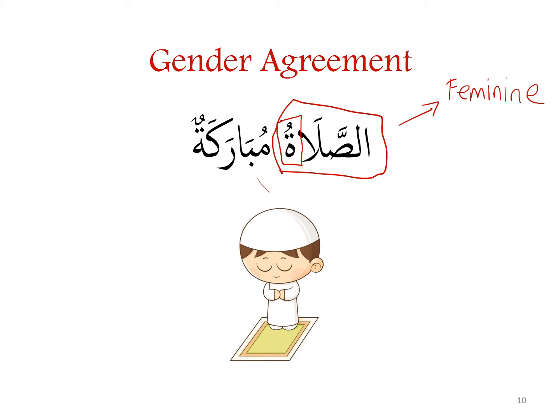Now in this case, because it's a feminine mu'annath word, the adjective which is going to describe it also needs to match in gender. It needs to also have a ta marbuta at the end to make it feminine. Mubarakatun means holy or blessed. So it's important to understand that a word like blessed, an adjective or a sifa, comes in two forms.